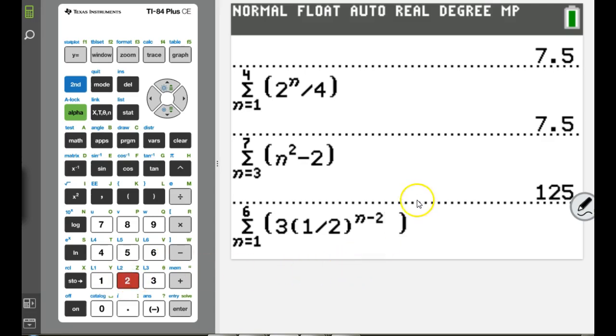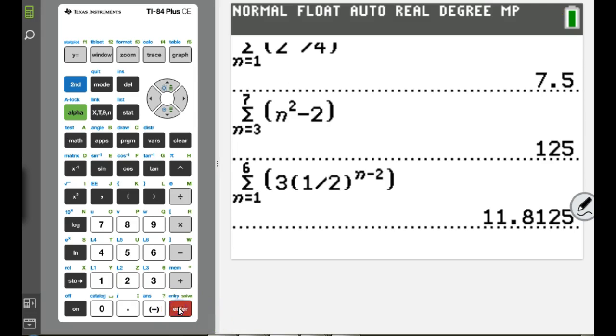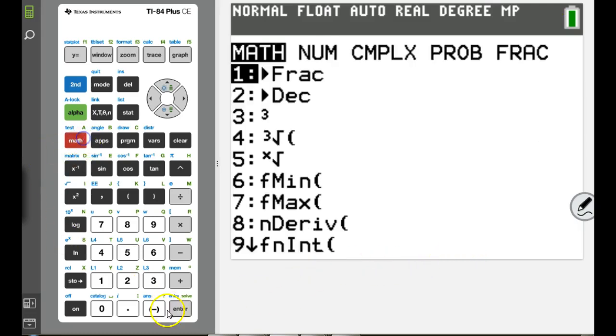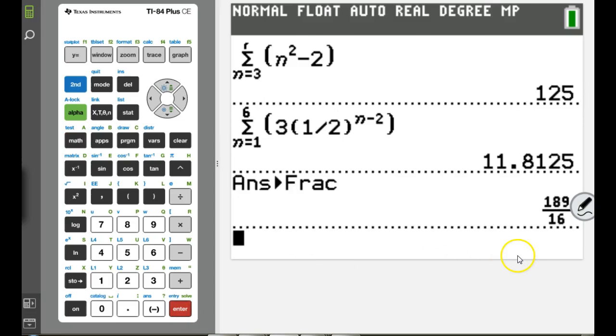And on an older calculator, you would need another set of parentheses around the N minus 2. I got 11.8125. Is that a terminating decimal, ending? Yeah, it's not going all the way across the screen, so that would be exact. Or you could do a math enter, and it would do it. Any questions?